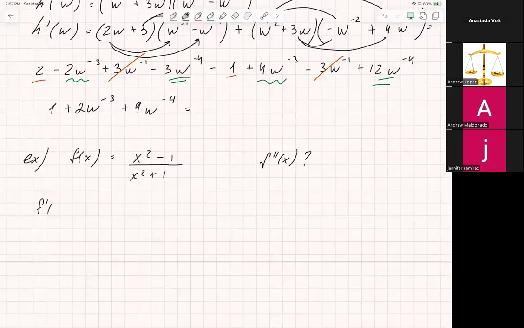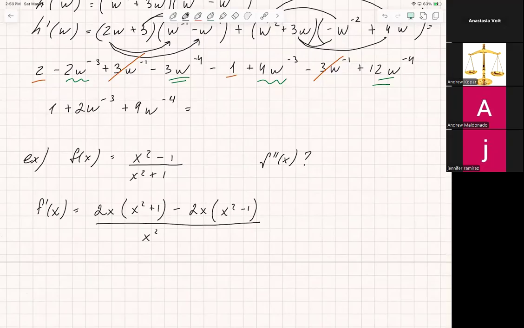So you have f prime of x equals, again, derivative of the numerator is 2x times the denominator x squared plus 1 minus derivative of the denominator times numerator, right? So we would have 2x times x squared minus 1, and we divide it by the square of the denominator, x squared plus 1 squared.